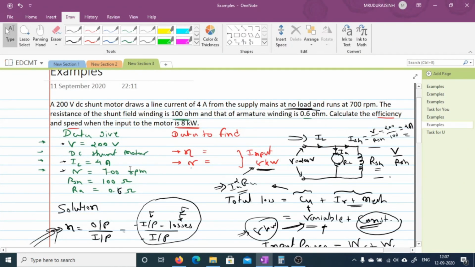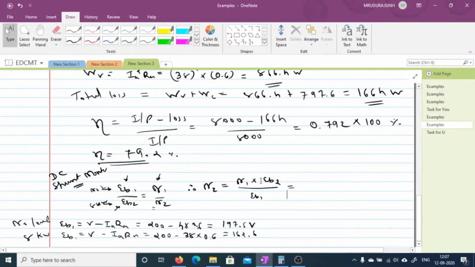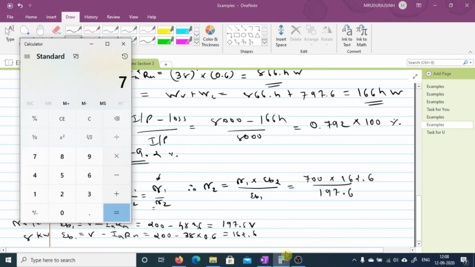So now let's place these values. The no load speed is 700 rpm. So 700 multiplied by 162.6 divided by 197.6 gives us 576.01.